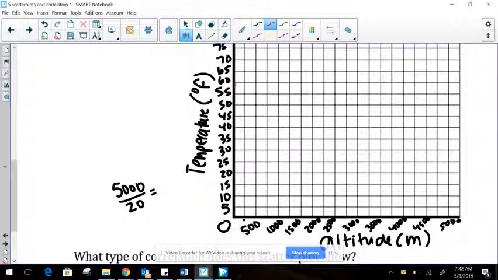Then we have 500, 59.2. 1000, 61. 1500 and 55.5. 2000, 41. 2500 and 25.8.